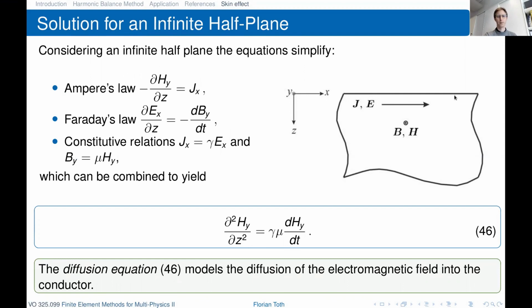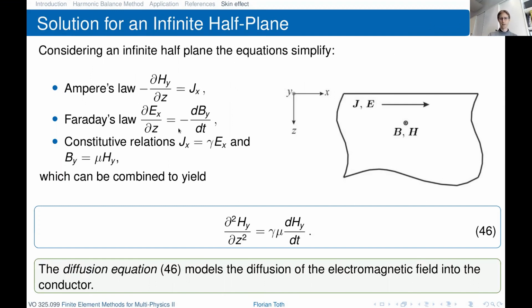And then we can write Ampere's law in this one-dimensional form. We only have the partial derivative of Hy, the y component, so the one pointing into the plane, with respect to z, and this must be equal to the current density in the x direction.